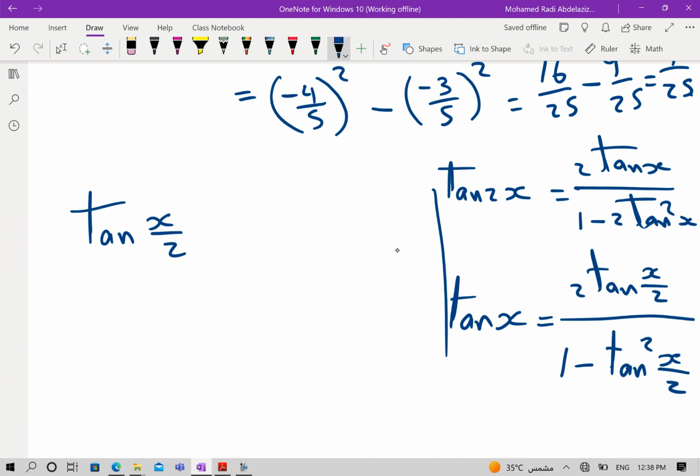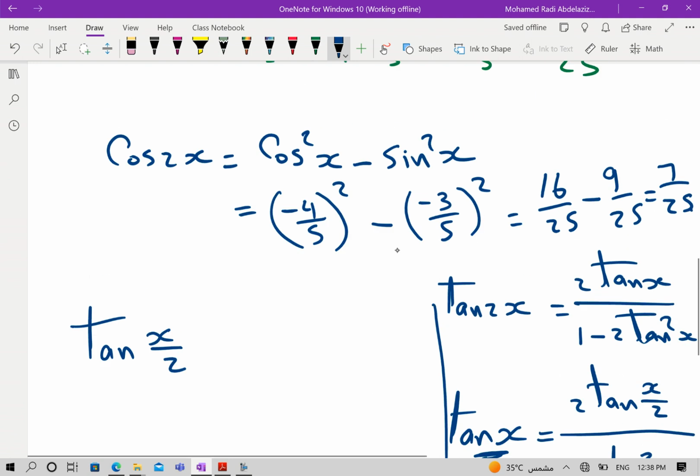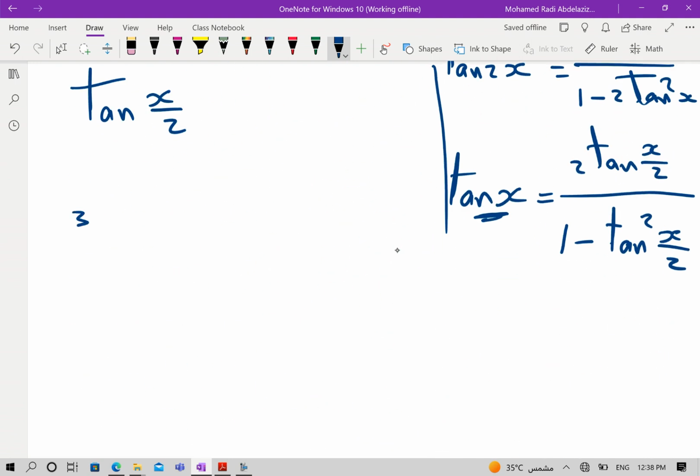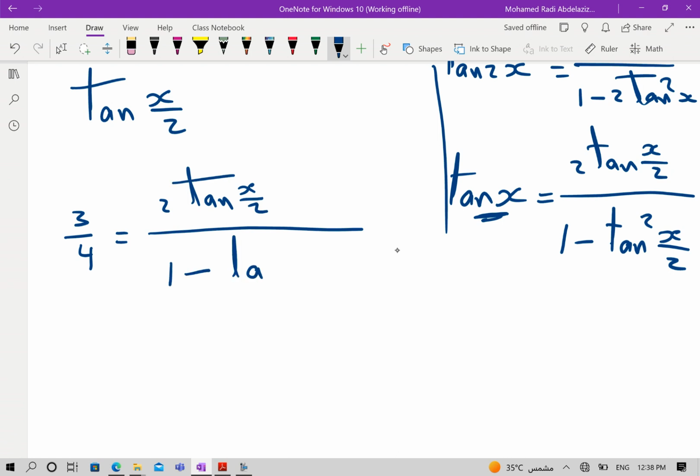I will explain this part in two ways. By using tan x, we already have it: tan x is 3 over 4. So 3 over 4 equals 2 tan x over 2 divided by 1 minus tan squared x over 2.